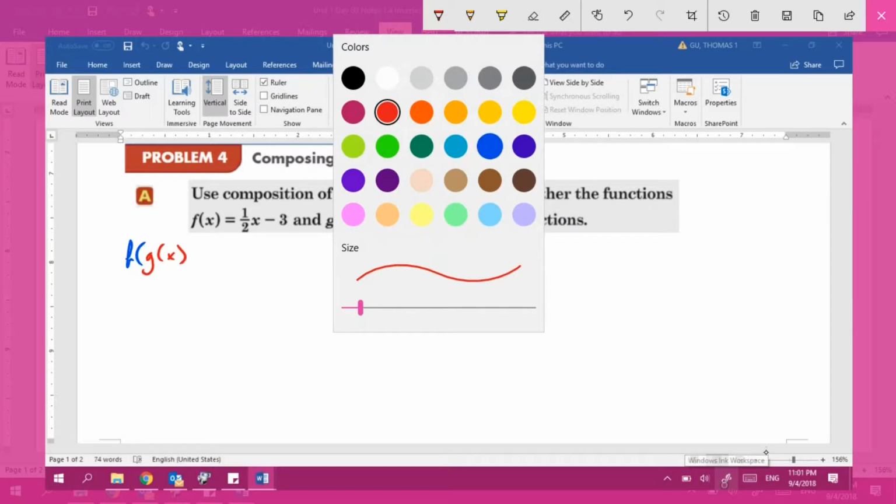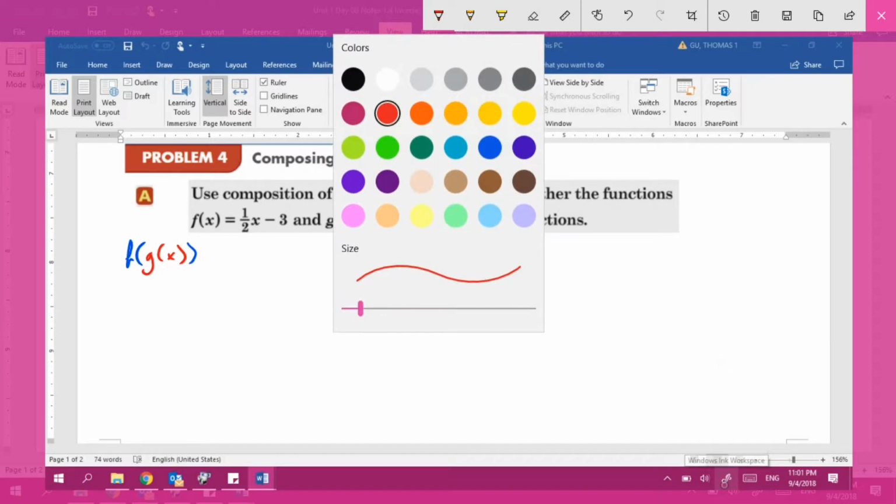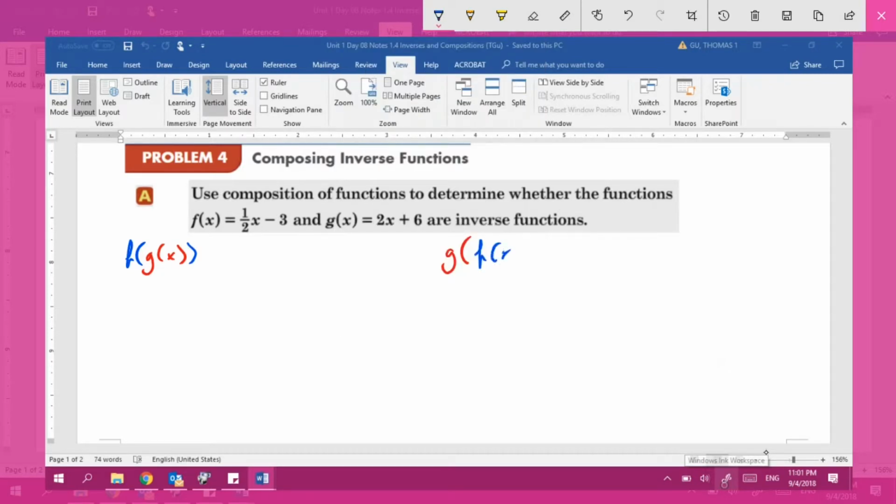And for the other one, I'm going to write g of f of x. And we're going to solve both of these compositions. And if they're inverses, both of the answers should be x. That's right. Let's see if it actually works.